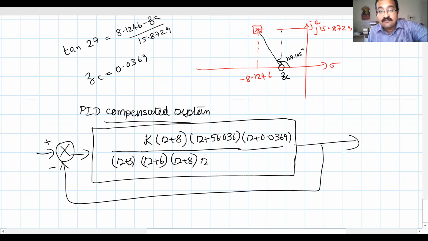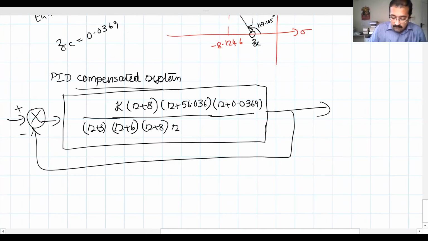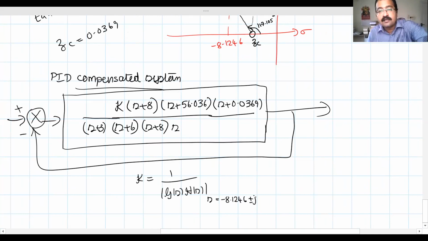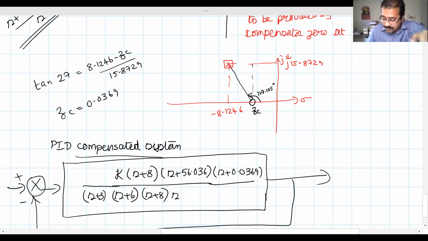Now what next? We have to calculate K. How will you find K? From the magnitude condition, 1 by mod G S H S at the dominant pole. The dominant pole is minus 8.1246 plus or minus j 15.8729.